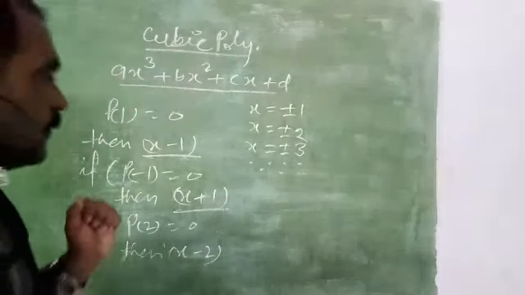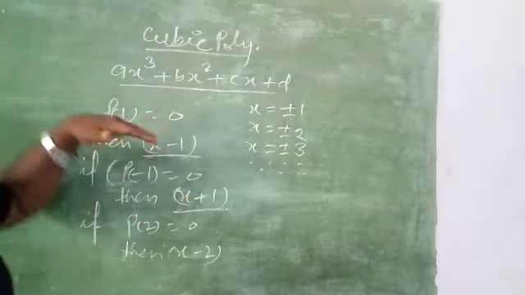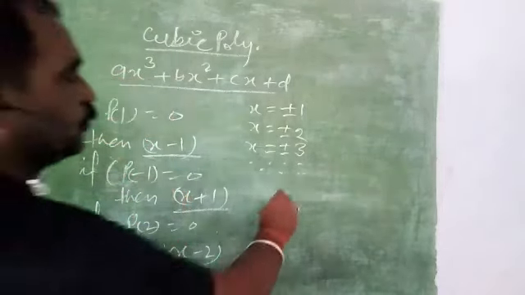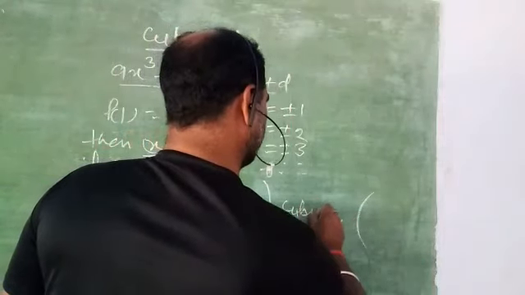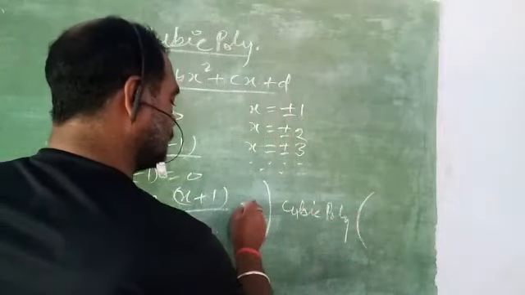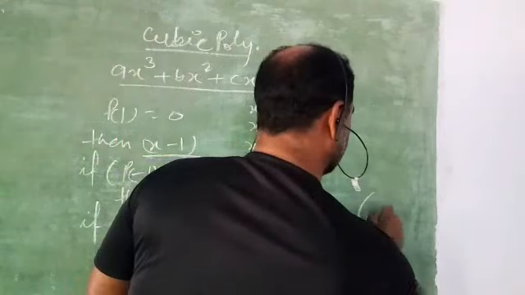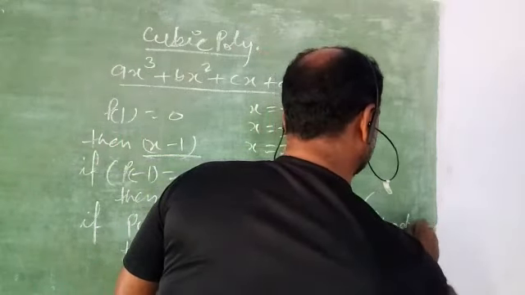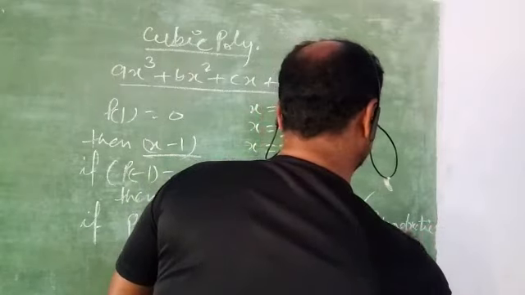By getting the first factor using this process, we have to divide our cubic polynomial by the long division process. When the cubic polynomial is divided by the first factor, we will get the quadratic polynomial.